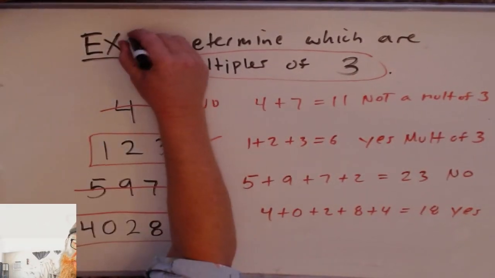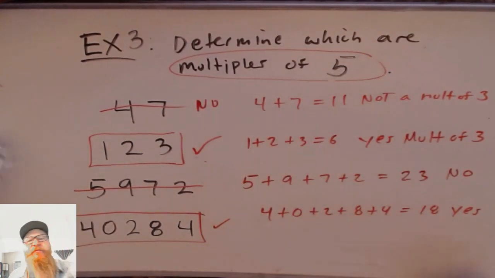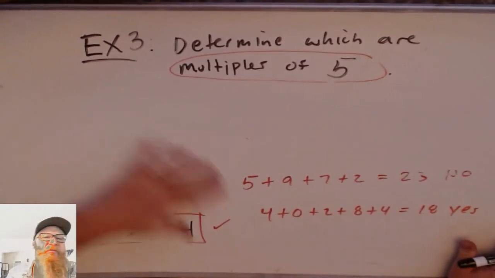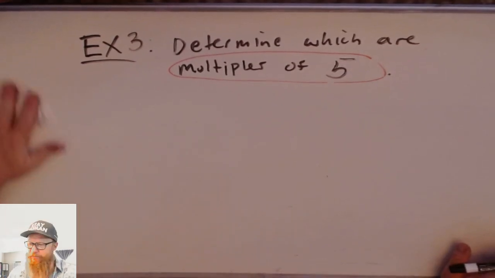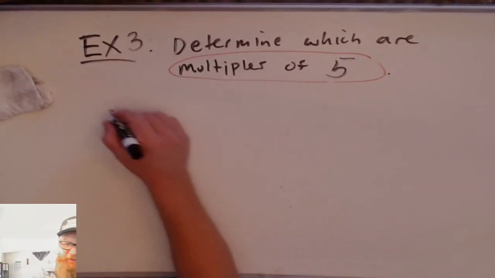In the interest of time, let's just skip to 5. If you want to do multiples of 4, you can do them on your own. I think the next most important one is 5.